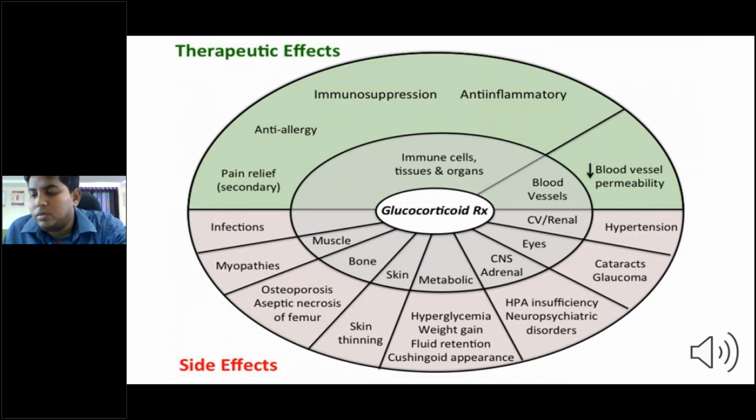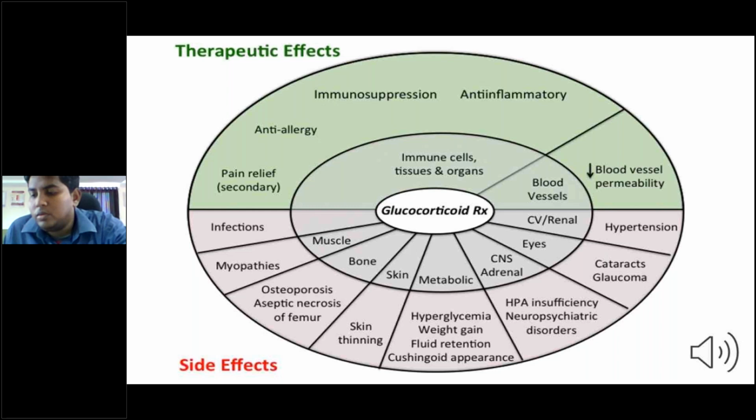It is immunosuppressive and anti-inflammatory, so the side effects are infections. Others include posterior subcapsular cataract and glaucoma, side effects on the eyes. In cardiovascular and renal insufficiency, the side effect is hypertension. These are the various effects and side effects.